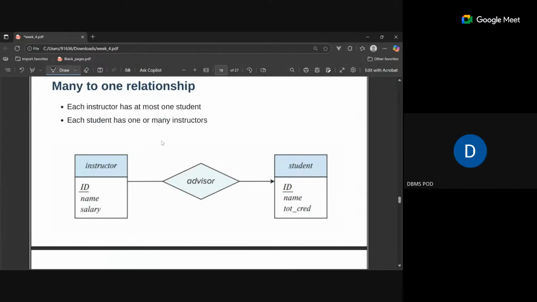And many-to-one relationship. Again, I just represent everything using the same table. This again indicates many without any arrow symbol, and using this arrow symbol, it represents one.